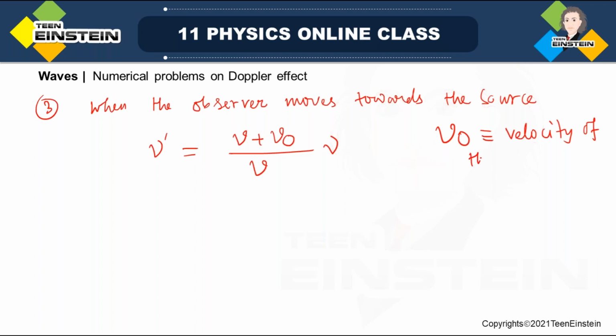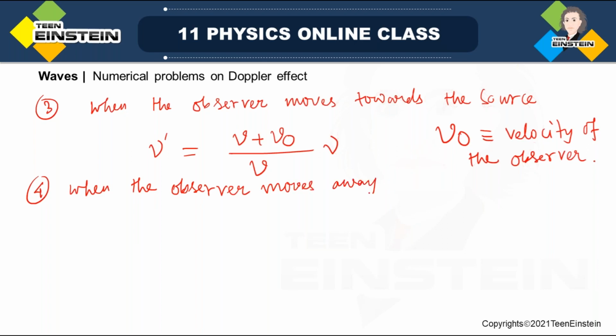Now, how will this change when the observer moves away from the source?